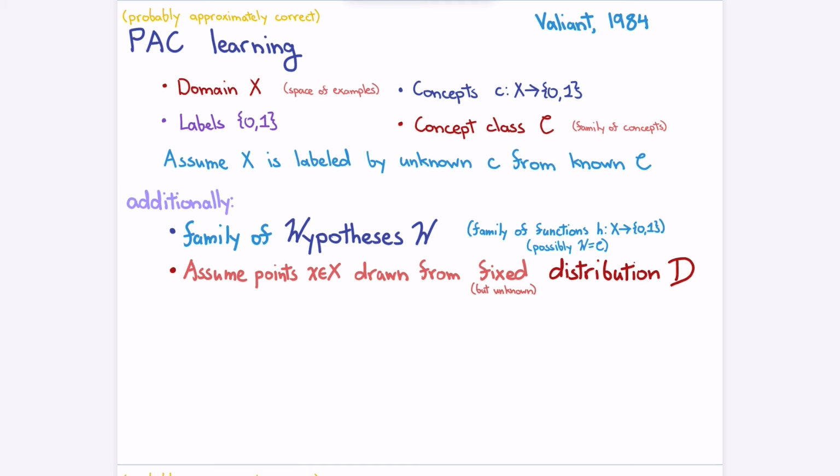So we'll have a different family that we call hypotheses. These are also a structured family of labelings that the algorithm outputs. It's possible that it's equal to the underlying concept class, maybe not. And second, we're going to assume that the points are drawn from a fixed distribution, which didn't enter the model before.